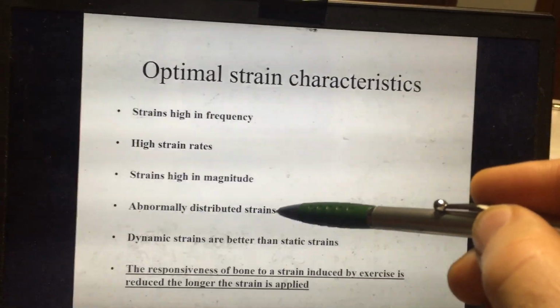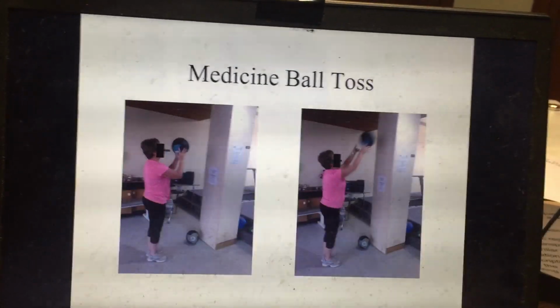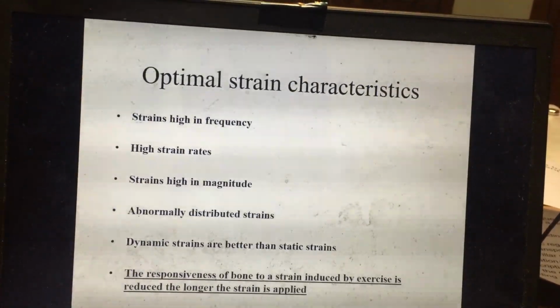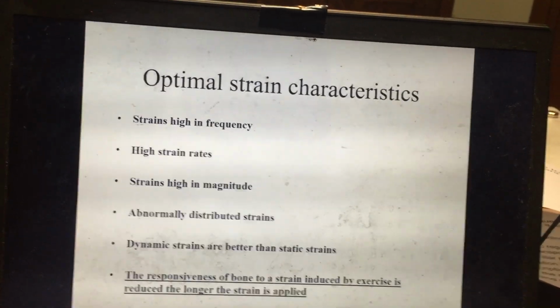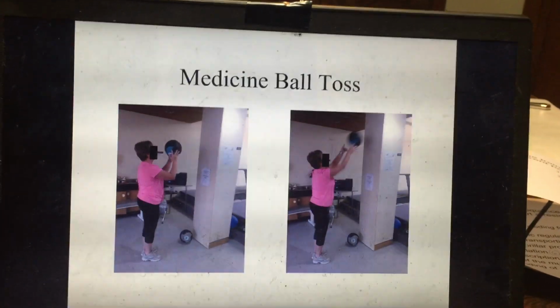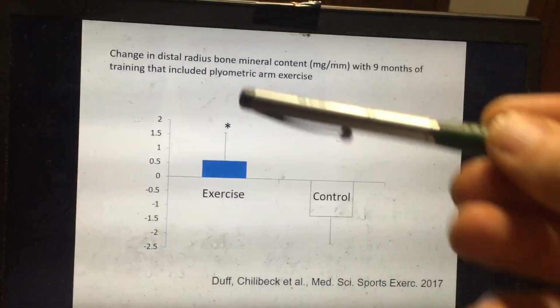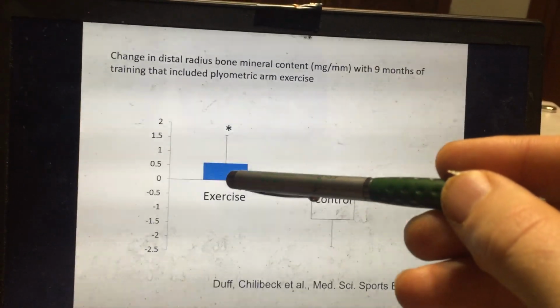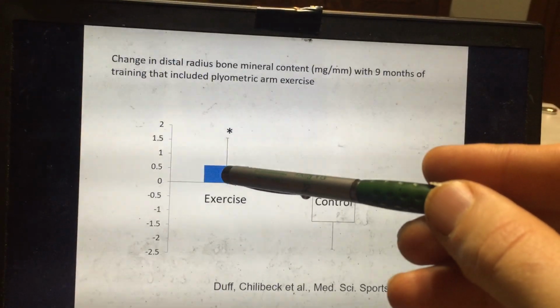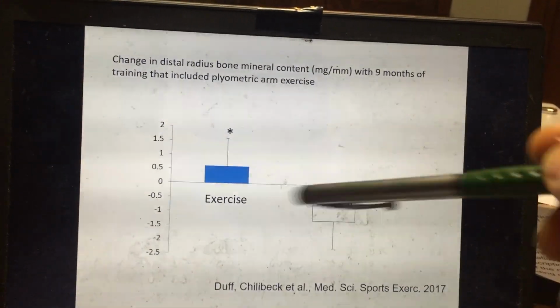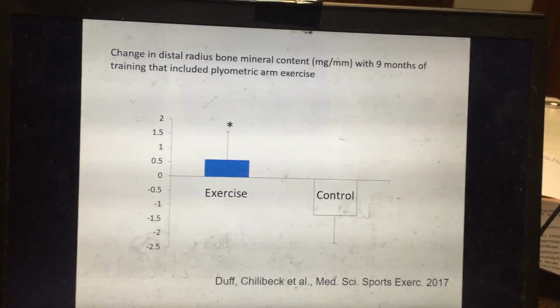It's probably abnormally distributed at the angle that they're doing it here. And it's dynamic. So in this type of exercise, over 9 months, we saw significant increases in bone mineral content in the wrist compared to a control group that did no exercise.